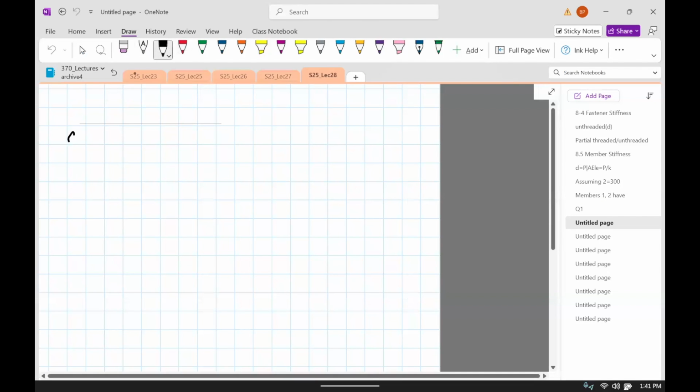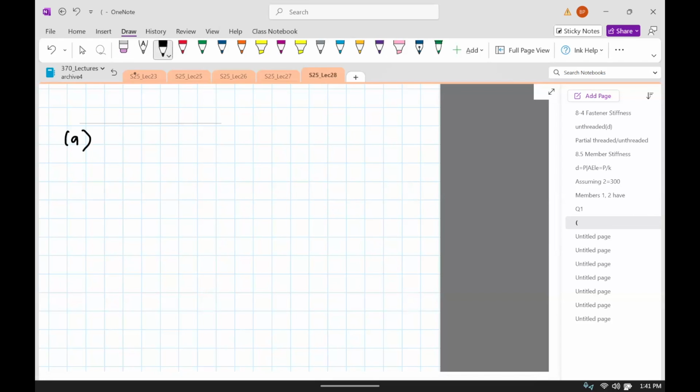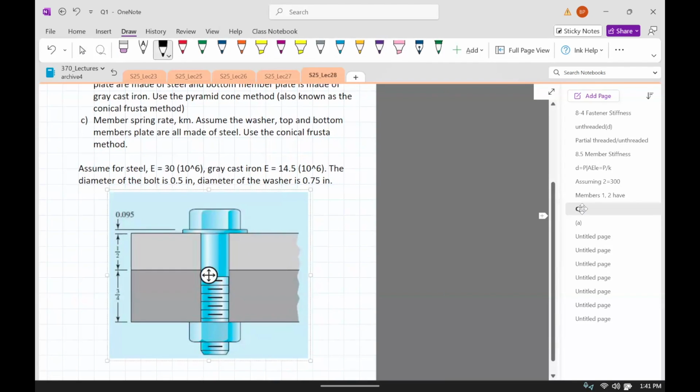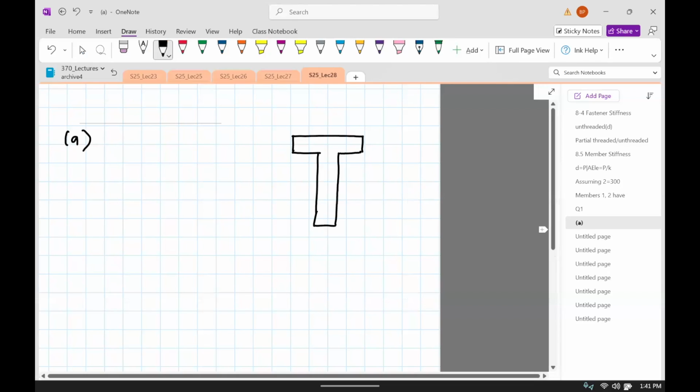So here is, let's do part A. I'm just going to draw the bolt, and you can see the bolt, the top part is unthreaded, bottom part is threaded. Let's draw some threads.